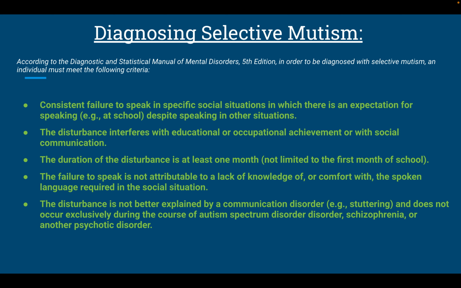Then the fifth criterion: the disturbance is not explained better by a communication disorder such as stuttering, and it does not occur exclusively during the course of autism spectrum disorder, schizophrenia, or another psychotic disorder. So that's important to know.